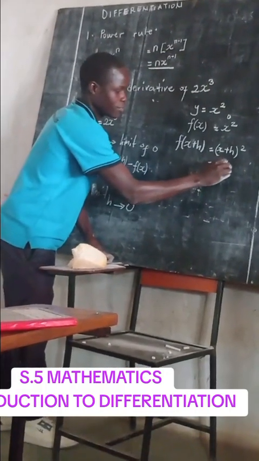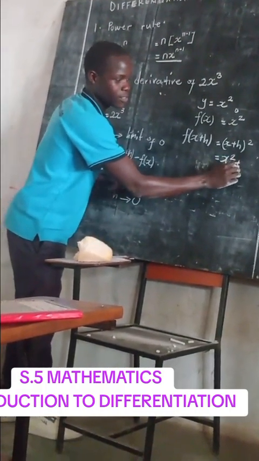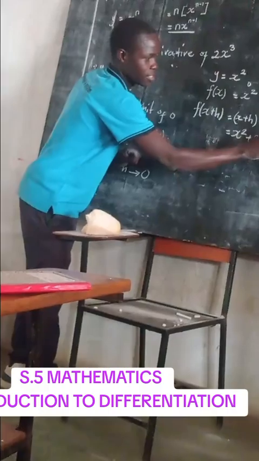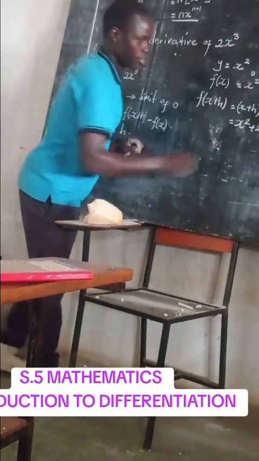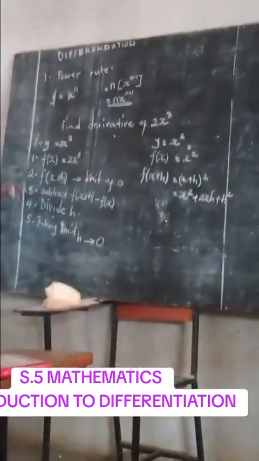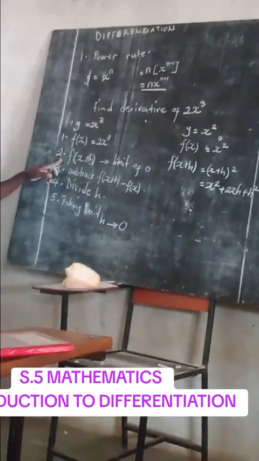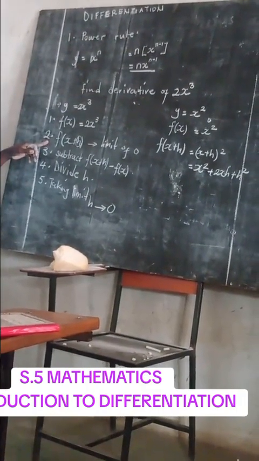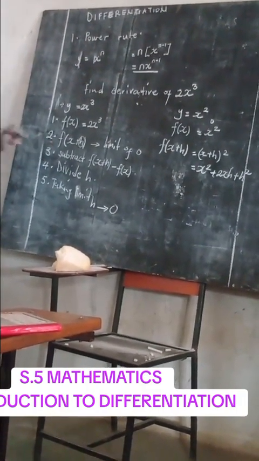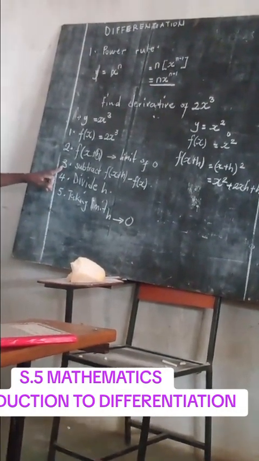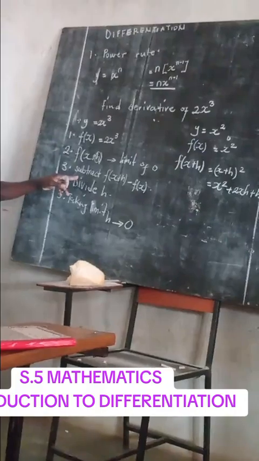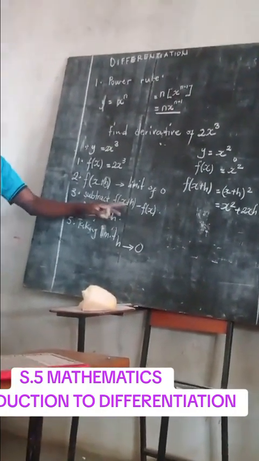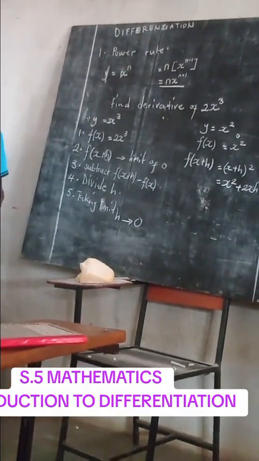x squared plus 2xh plus h squared. Now, our third step is to subtract the increase in the function minus the original function.